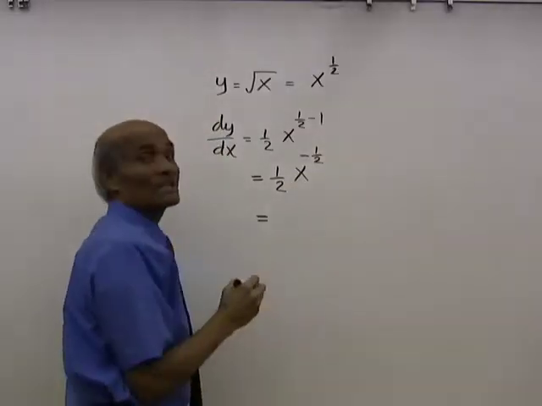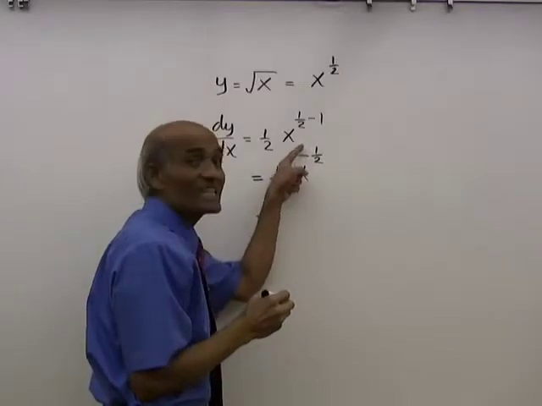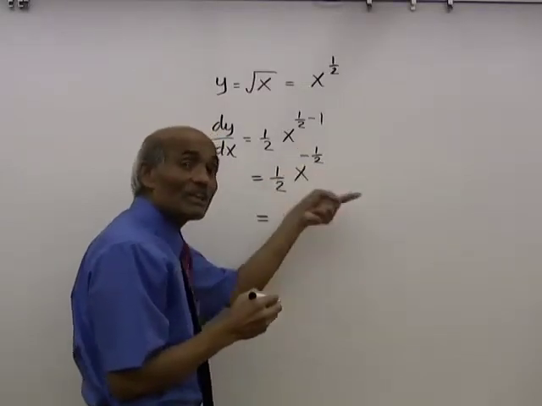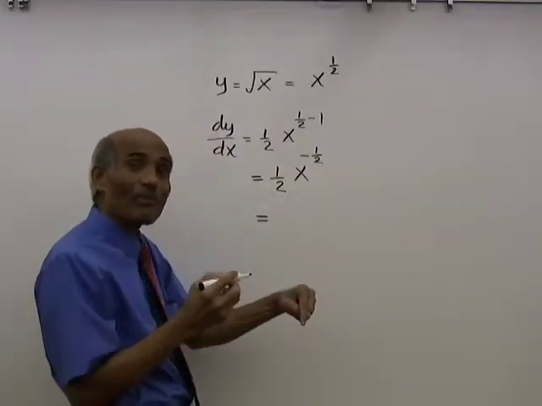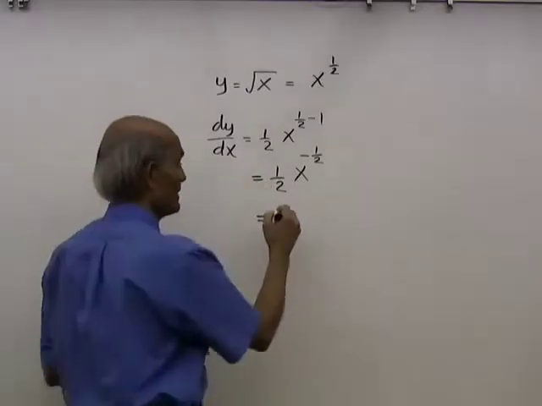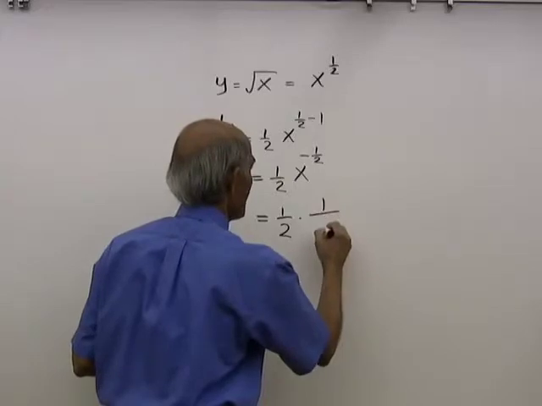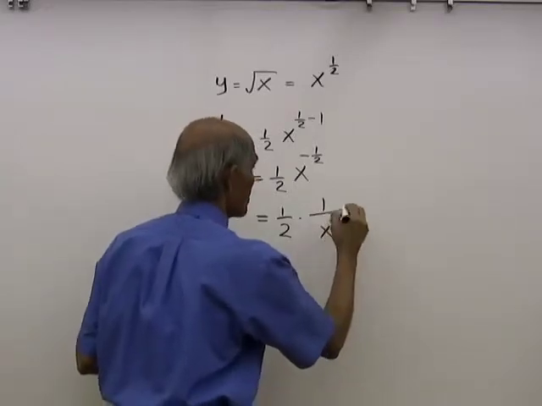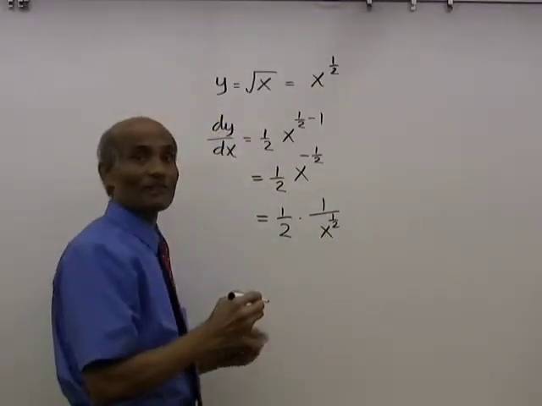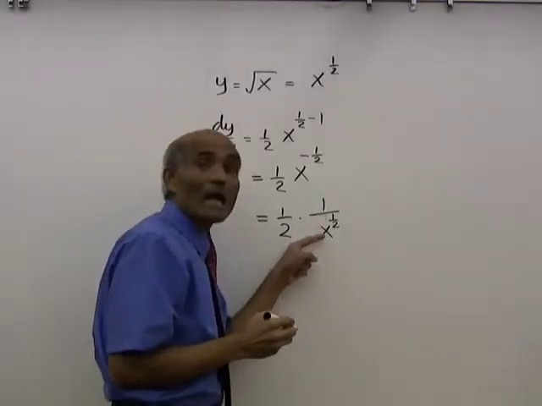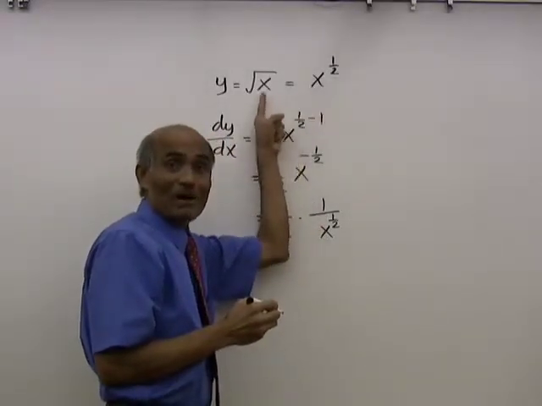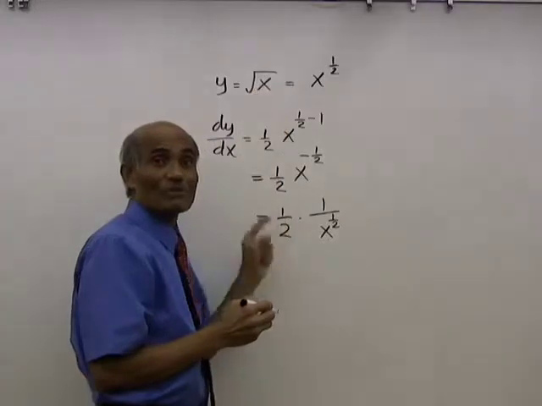And what does that become? X to the power of negative 1/2 is 1 over x to the power of positive 1/2. So that will be 1/2 times 1 over x to the power of positive 1/2. And what is x to the power of 1/2? X to the power of 1/2 is square root of x.